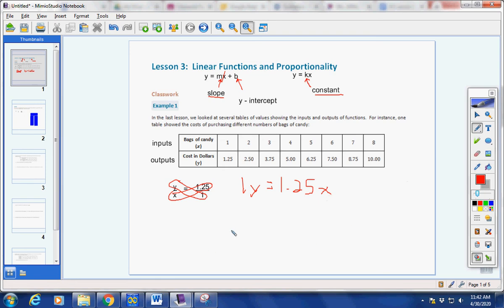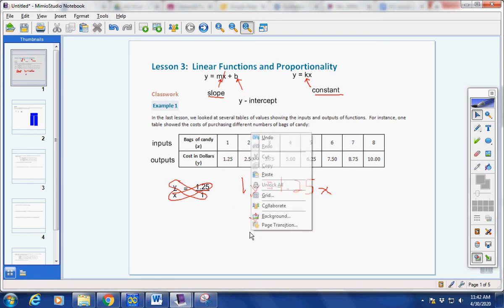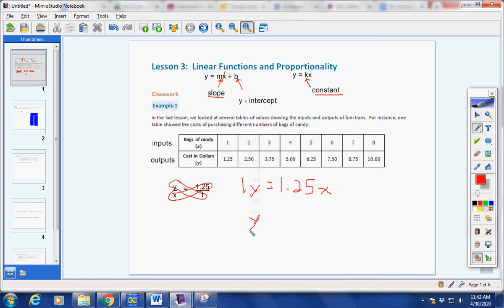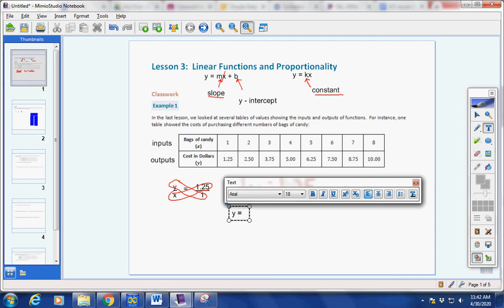Okay, so solving this, remember we would divide both sides by 1, but that's not going to do anything. So we get y equals 1.25x. 1.25 times x. There we go.